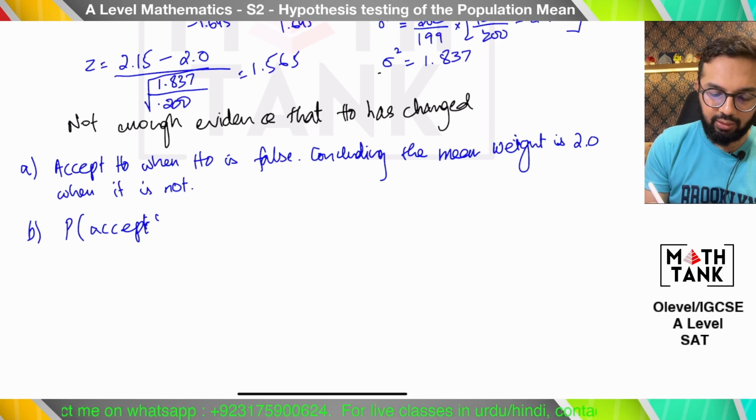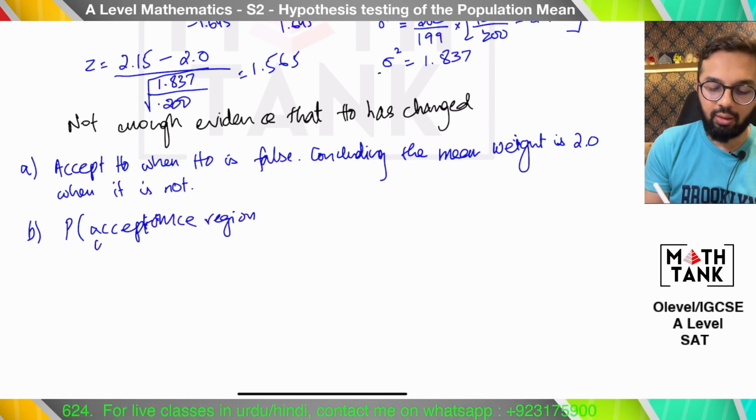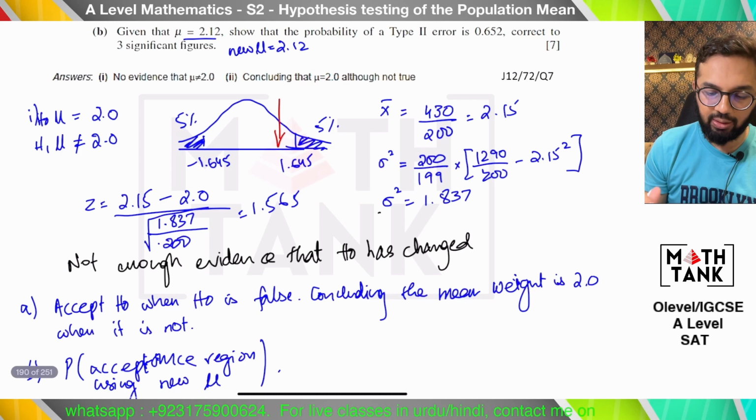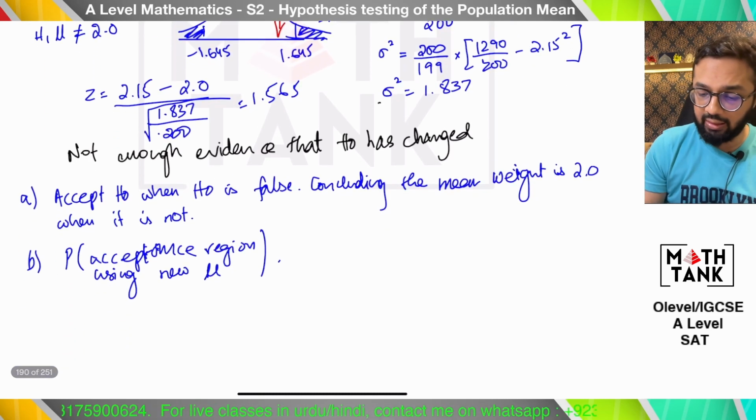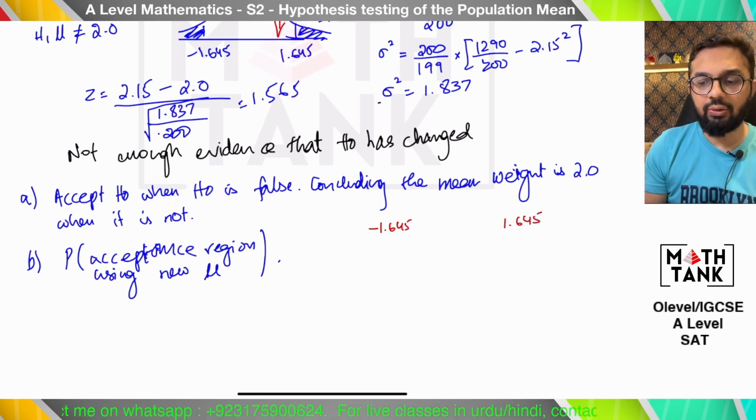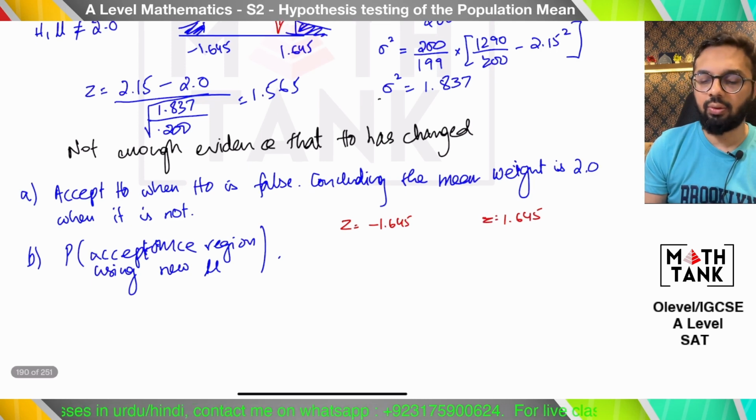Now the interesting thing about this question is that you don't yet have the rejection region. So what I will have to do is go to the previous part, take these z values, minus 1.645 and 1.645, and convert these to values of x so that I can state my rejection region.